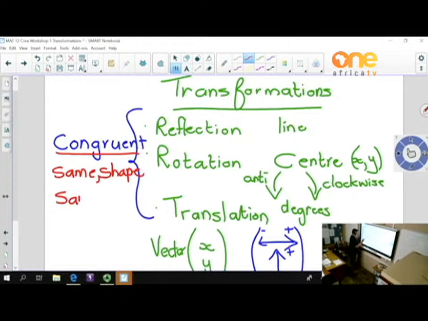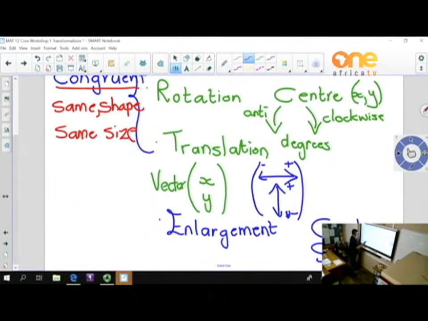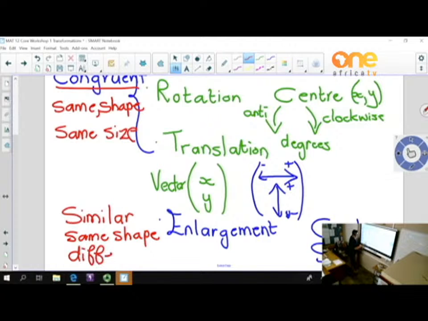The other one is then the enlargement. And the enlargement is similar, because they are not equal in size, they are similar. And then we say same shape, different size. So this is what we need to know when we do transformations.